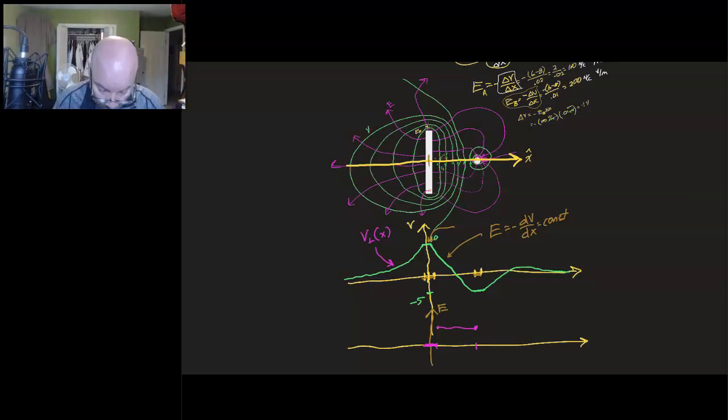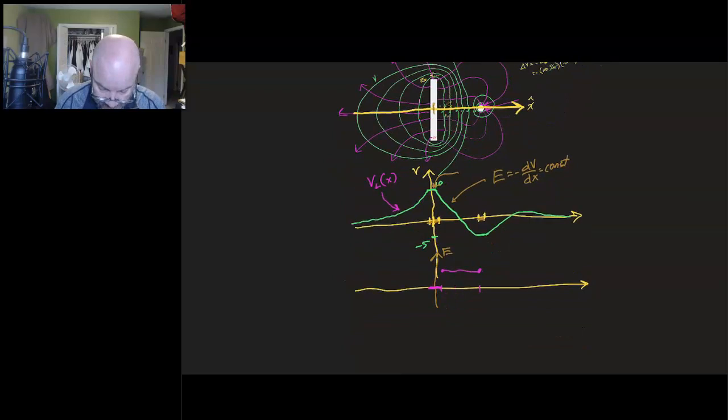And so probably we're going to end up with something that looks like this. It's going to point the other direction, so it's negative. I've actually got a positive slope this time on my voltage, but it's negative times the slope, so that makes it negative again.